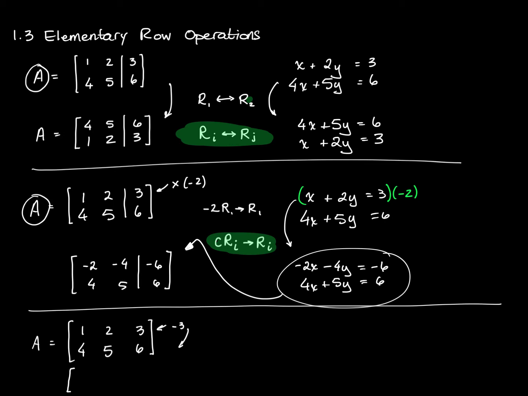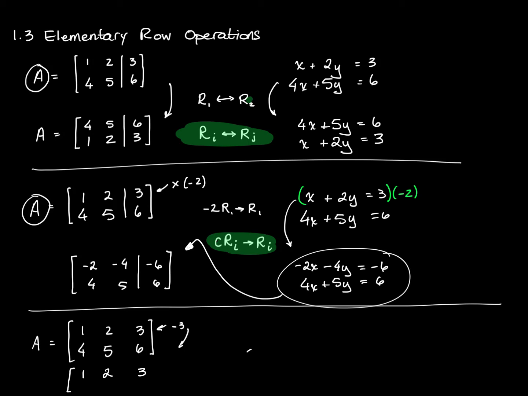So I'm going to take row 1, multiply it by -3, and add it to row 2. That's going to change row 2 this time. It actually could change row 1, but I'm just going to do it this way. I'm going to start by multiplying row 1 by -3. I'll use some scratch paper here.